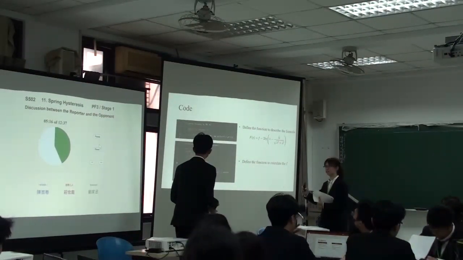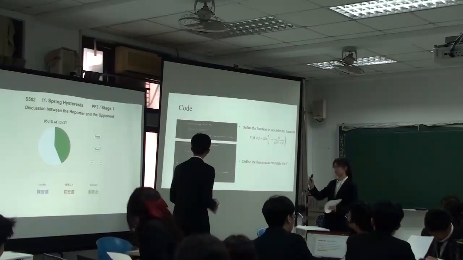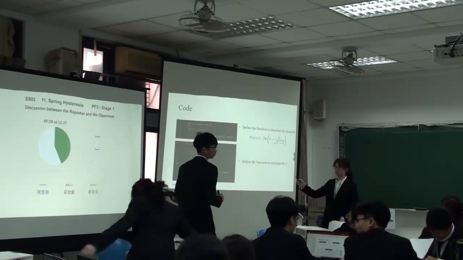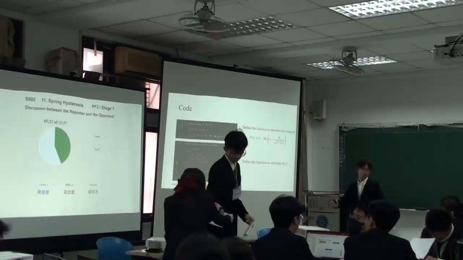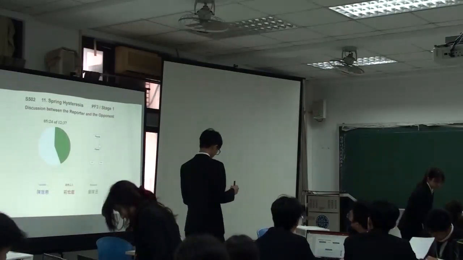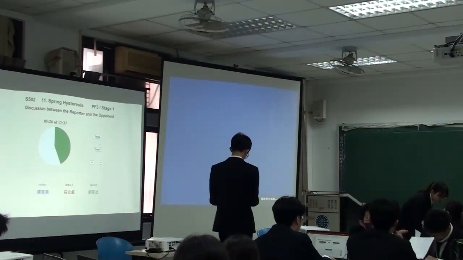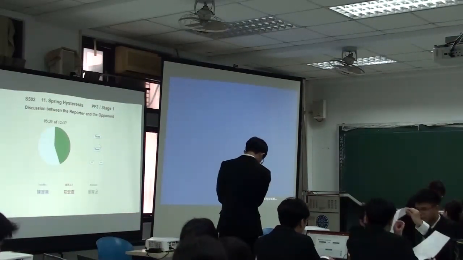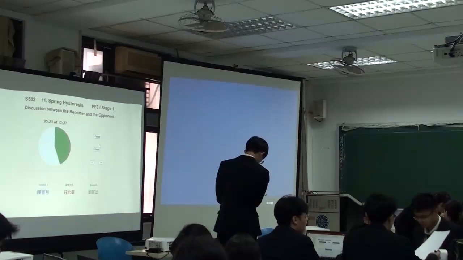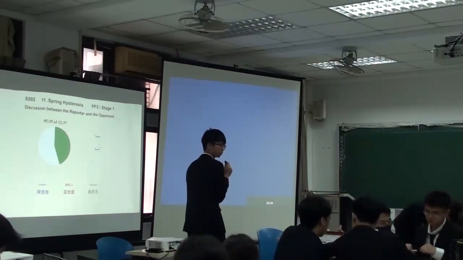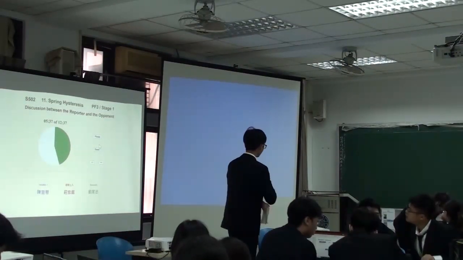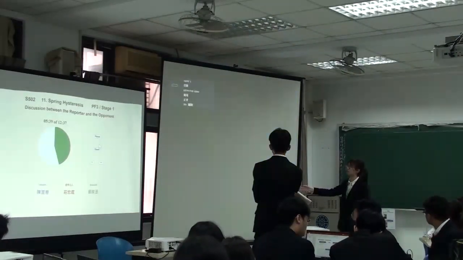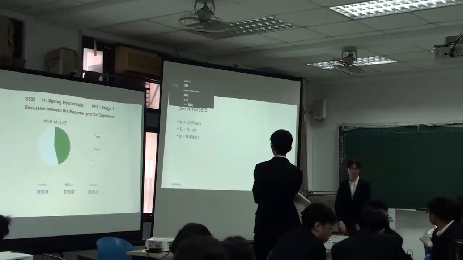When X is smaller than L0, it will be suitable. So we choose an X. And here are the parameters we use in our experiment. And these are the parameters we use in our simulation.